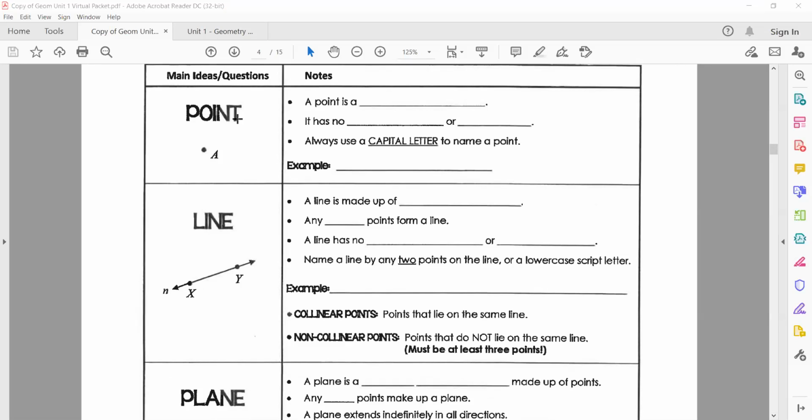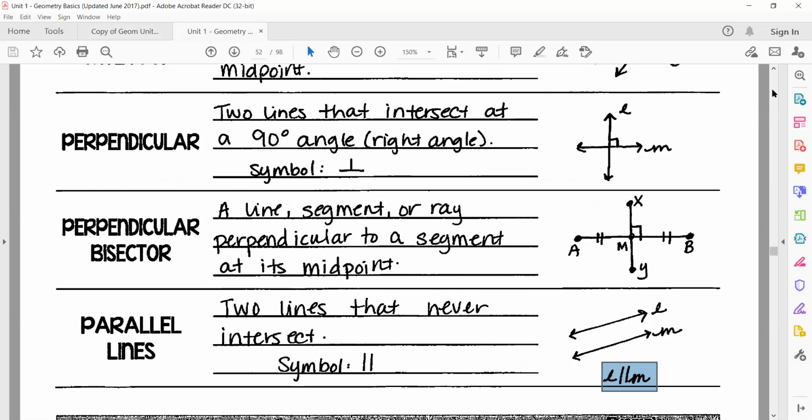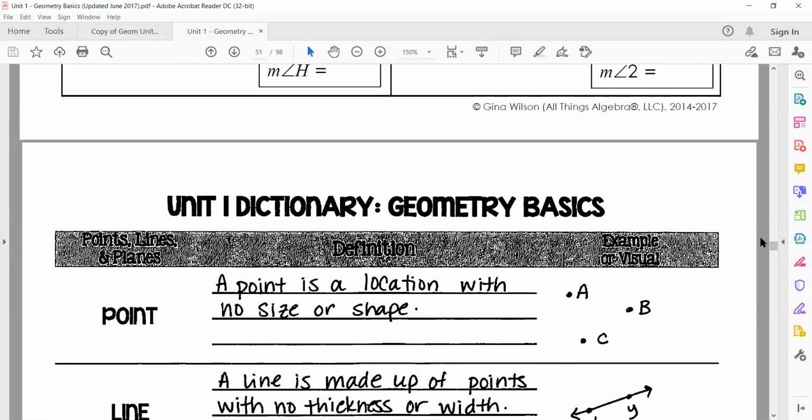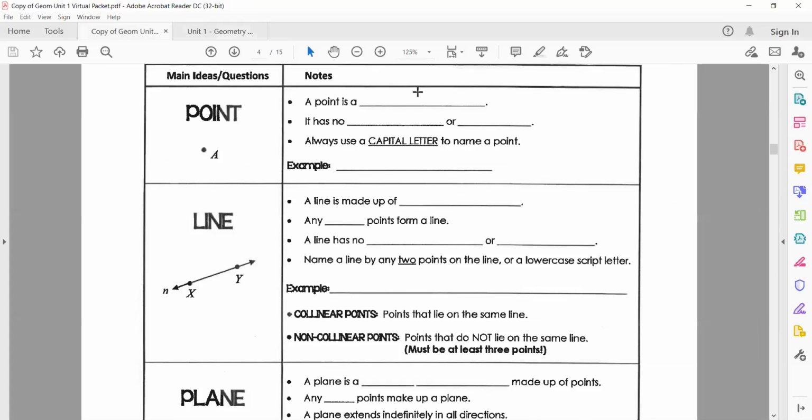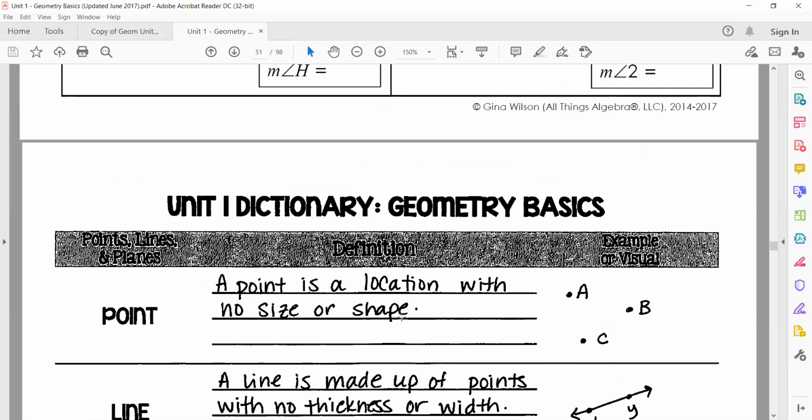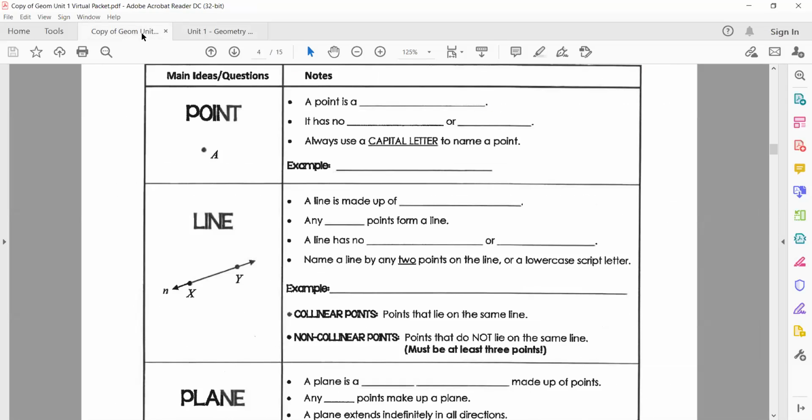Right? So if you're looking here, what is a point? Well, what was the definition that we had? A point is a location. It has no size or shape. And we always use a capital letter to name a point.